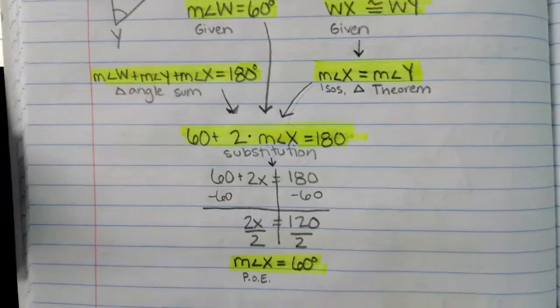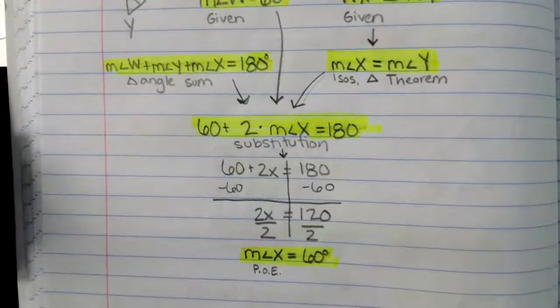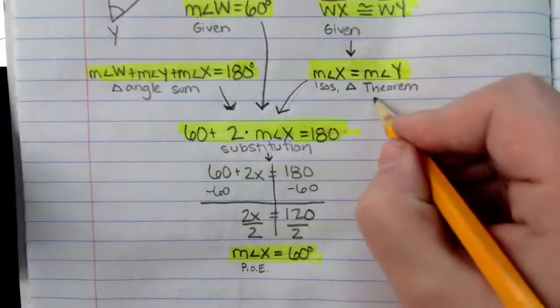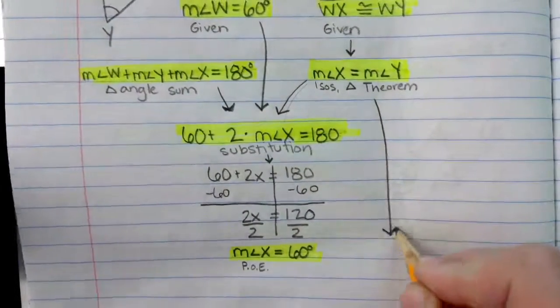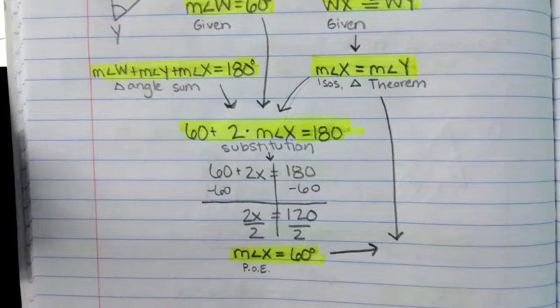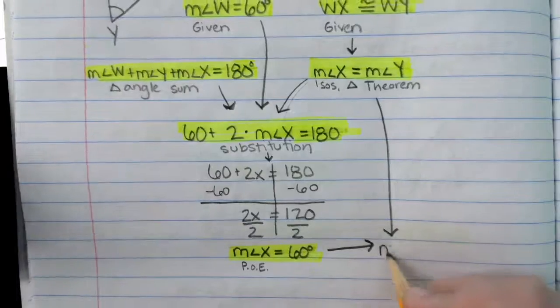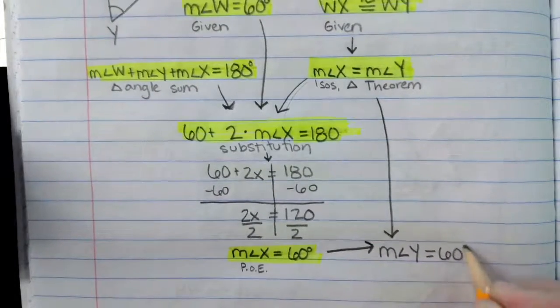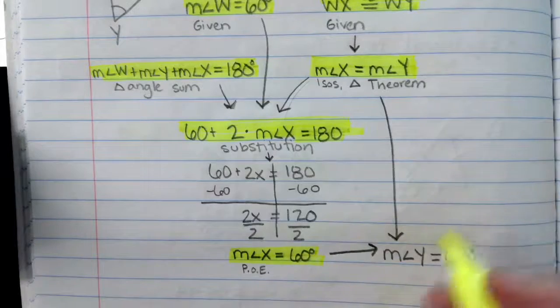All right, so what do I know now? If x is 60 degrees, is there anything else I can say? What about y? Yeah, y is the same. So if x is 60, then y is 60. What do we call that when we switch something out?